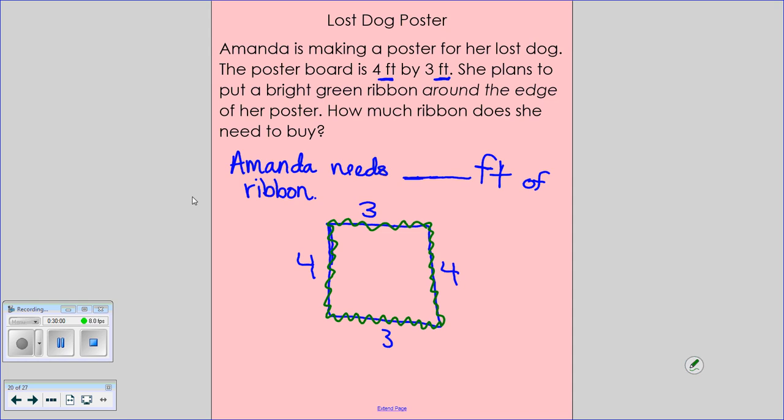Okay? So what am I going to do here? Just 4 plus 3? Stop. Just 2 sides?